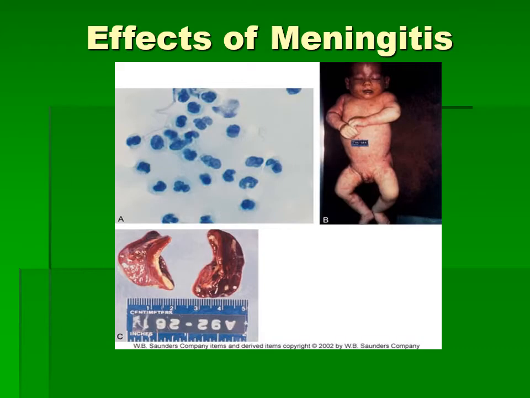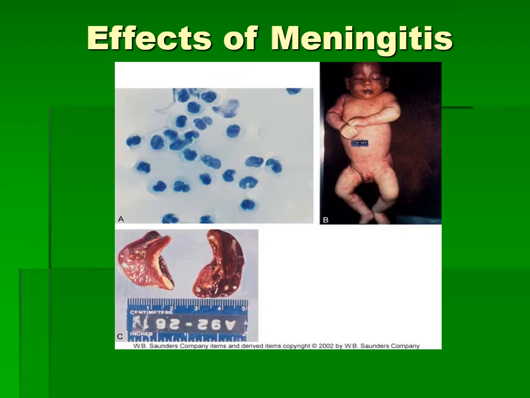So this illustration is showing you cerebral spinal fluid with neutrophils, and you shouldn't really see all these white blood cells in there, and neutrophils are present when you have a bacterial infection. So this usually is a good indicator that there is an infection there in the cerebral spinal fluid. B is showing you a child with a petechial rash.